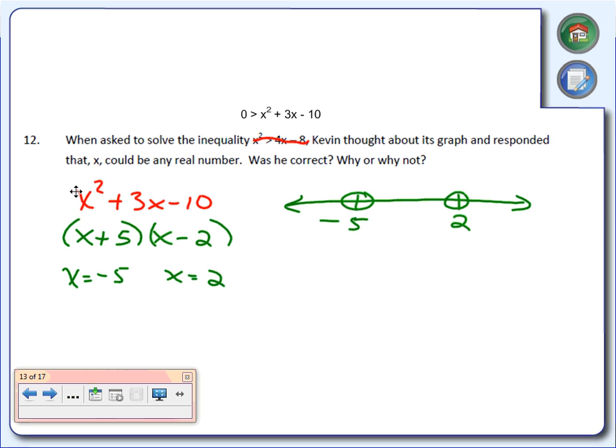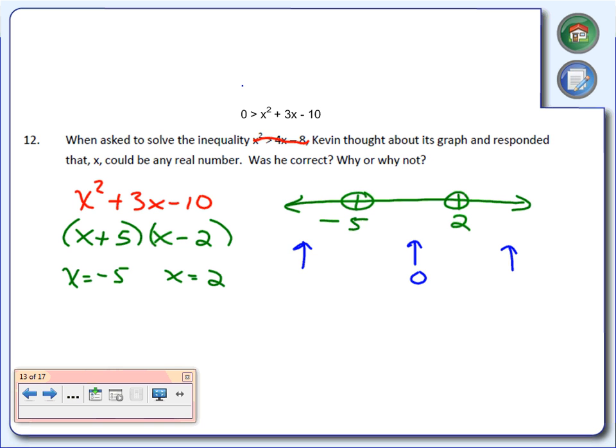What we did, and I'm going to try and speed it up here because we're running out of time, is we took 3 numbers. We took a number from each of these 3 sections, and we tested it out to see whether we ended up with a true or a false statement. Now, to save time, I'm just going to pick a number here in the middle. A number in the middle between negative 5 and 2 would be 0.